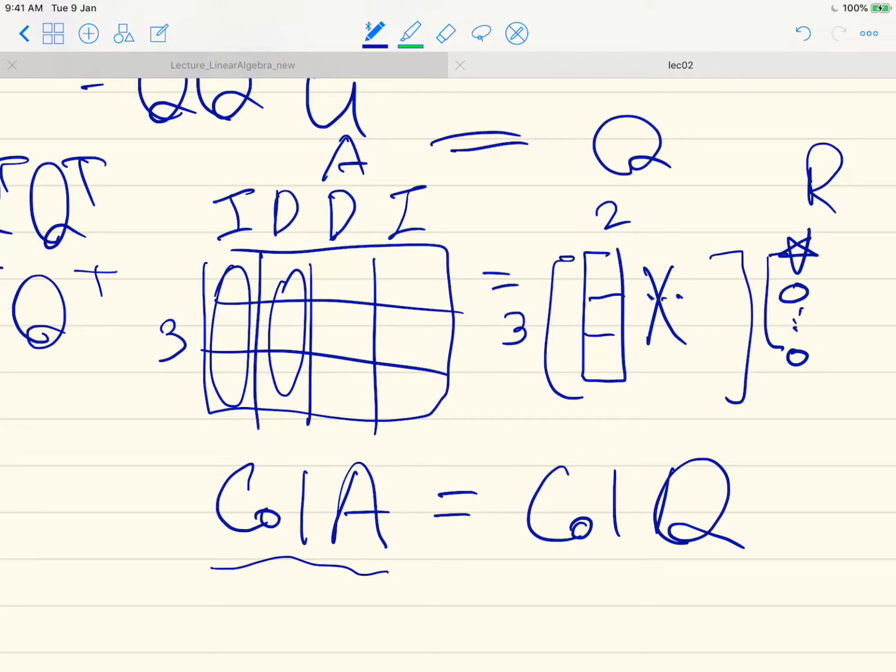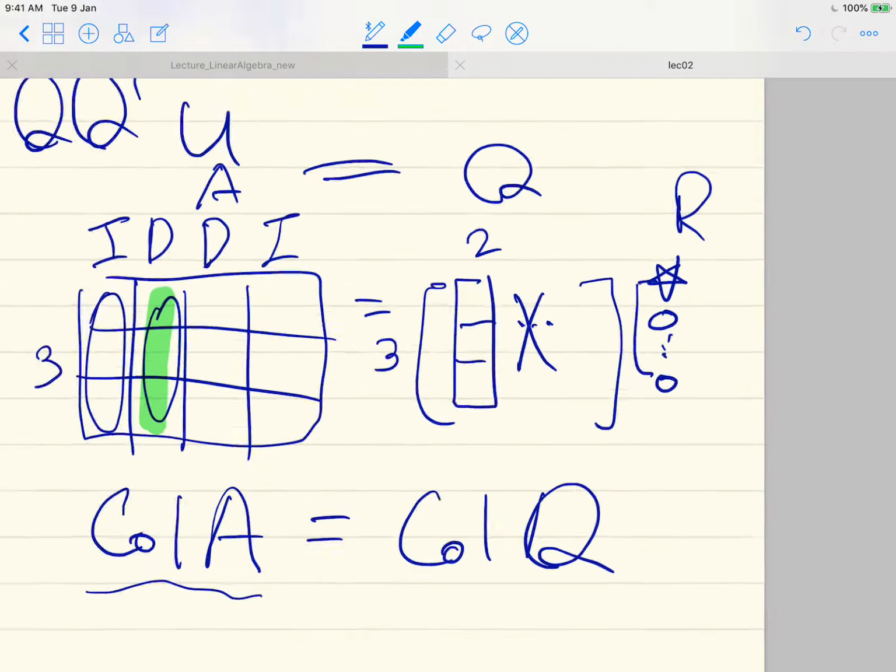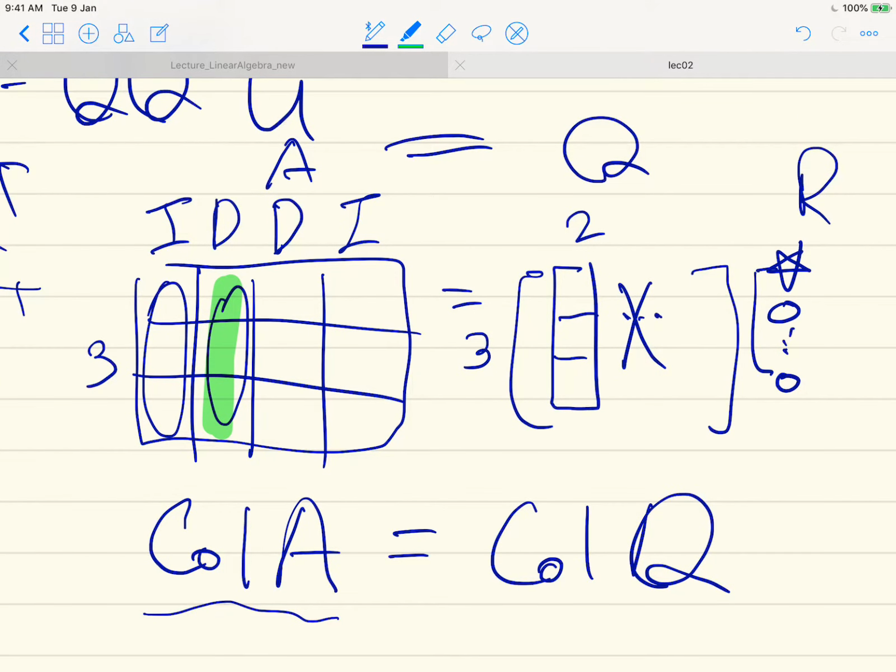So in order to reconstruct the second column, what will be the corresponding second column in R? In that case, we will have some non-zero entry, right? Because we can still have the component explained by the first component. And what about the remaining ones?